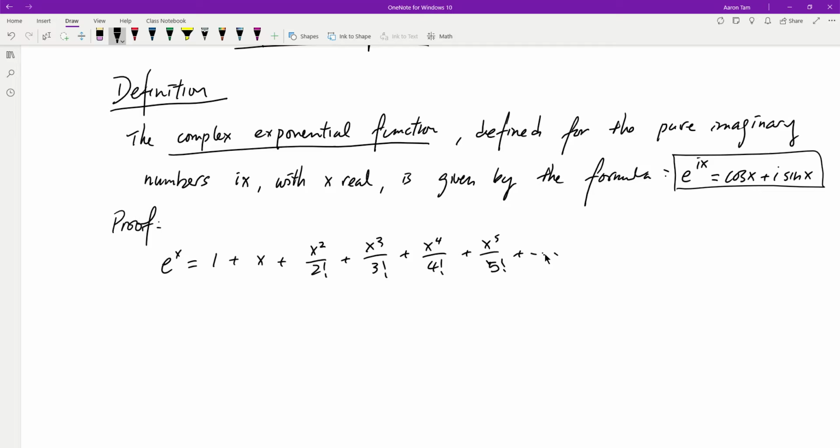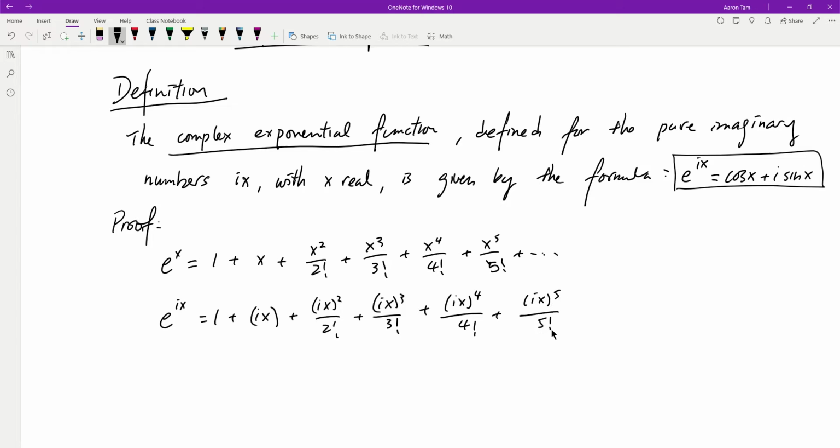Now, if I plug in ix, the equation changes to 1 plus ix plus (ix) squared over 2 factorial plus (ix) to the third over 3 factorial plus (ix) to the fourth over 4 factorial plus (ix) to the fifth power over 5 factorial, and so on.